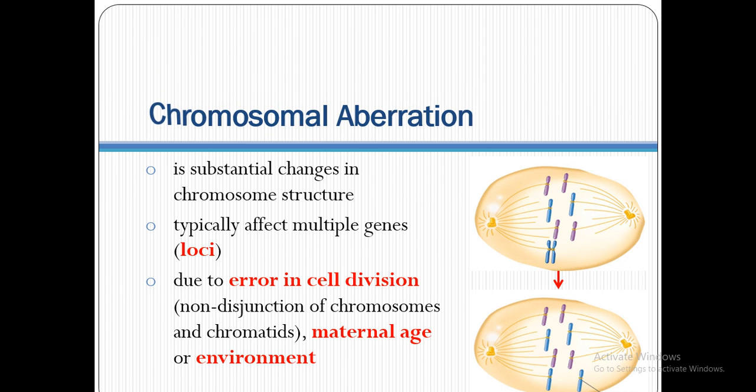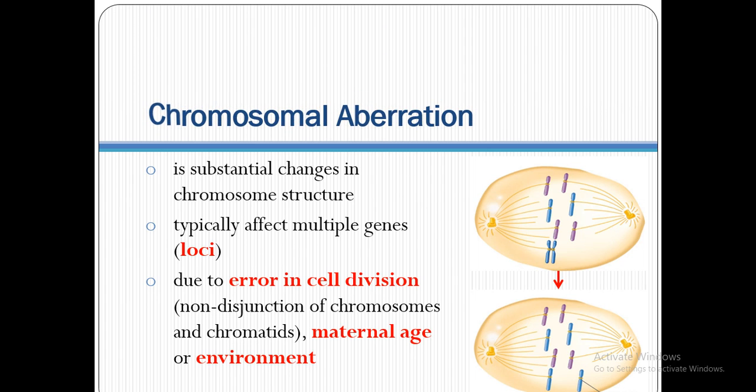And we have the error in cell division, wherein the cell fails to equally separate the sister chromatids during the meiosis process. This usually happens to a female of very old age who becomes pregnant.